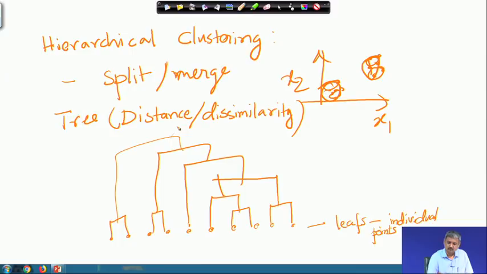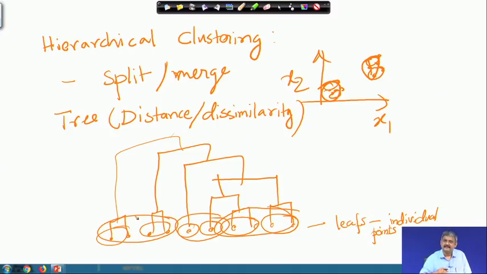What does merging mean? This means these two are a cluster, these two are a cluster, these two are a cluster. Then at the second level, these two are a cluster, these two are a cluster. So, at every level you keep on merging till everything gets merged into a single cluster.